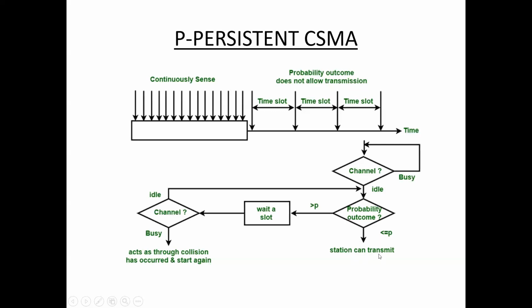If the probability outcome is greater than p, it waits for a time slot, then senses the channel once again. If the channel is busy, it acts as if a collision occurred and starts again.